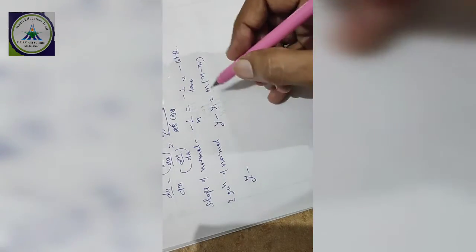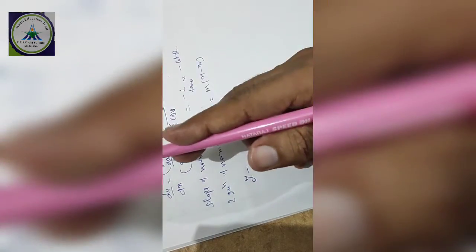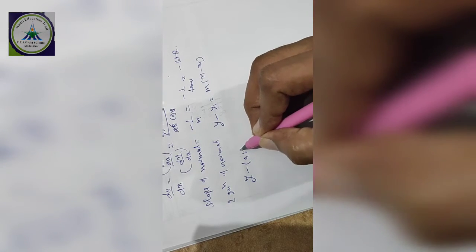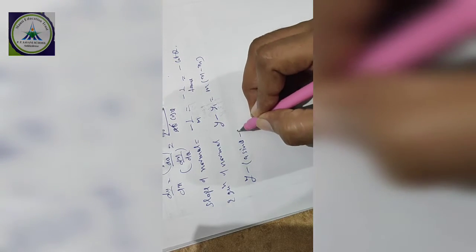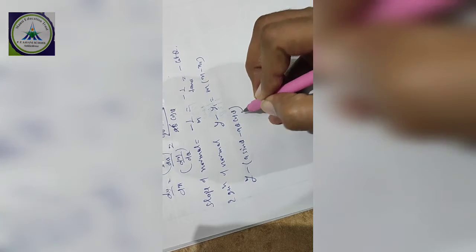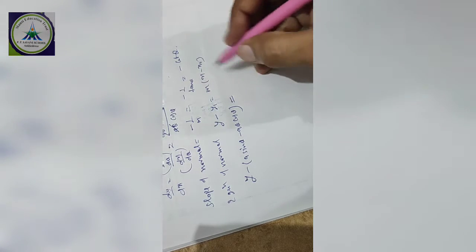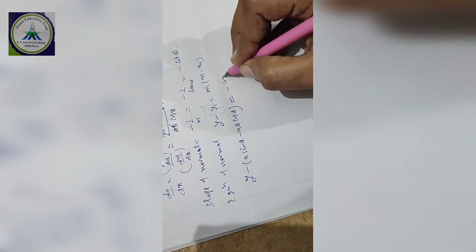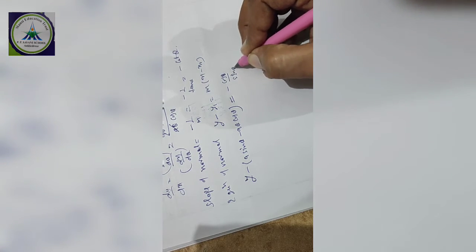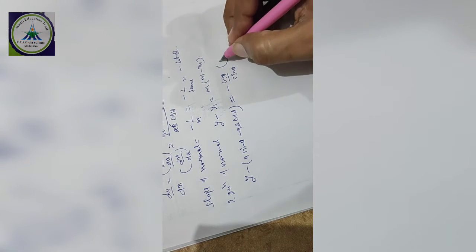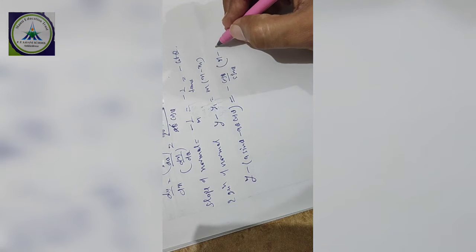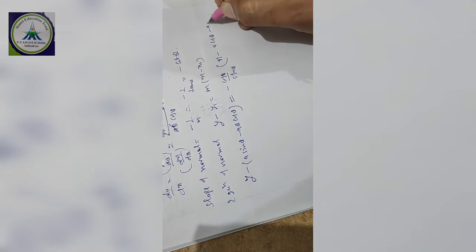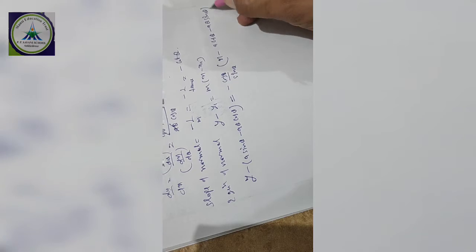So y minus y1 is a sin theta minus a theta cos theta, equal to the slope, minus cot theta, that means minus cos theta upon sin theta, into x minus x1, which is a cos theta minus a theta sin theta.